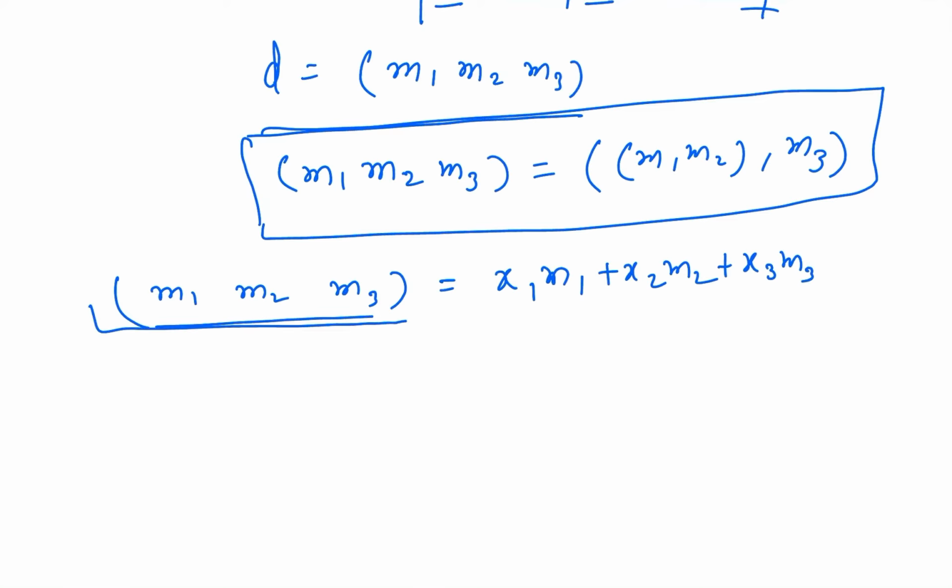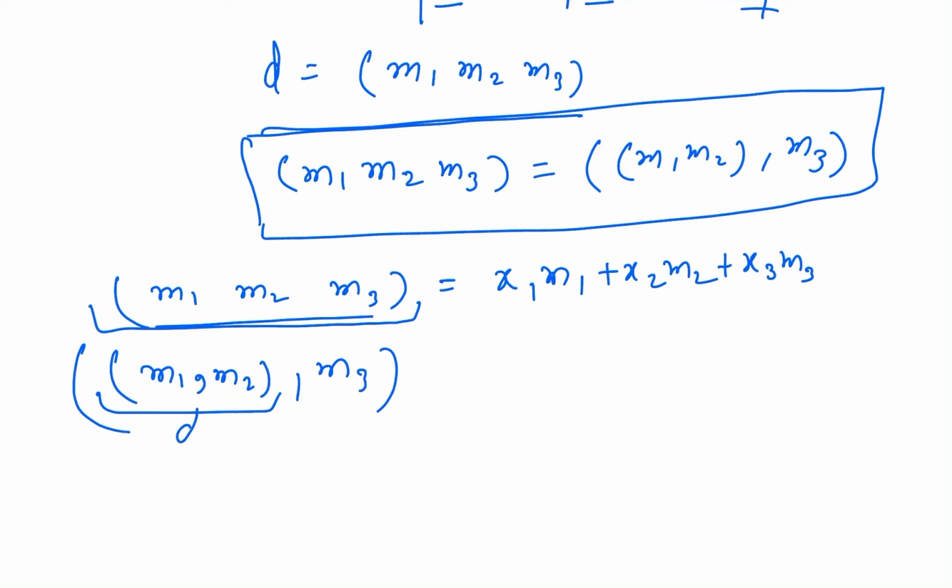GCD of M1, M2 and M3 is GCD of GCD of M1, M2 and M3. So this is one number, let us say it is D, and this is another number M3. GCD of two numbers can be written as a linear combination x1 D plus x2 M3.